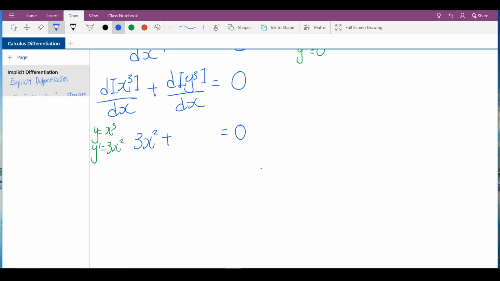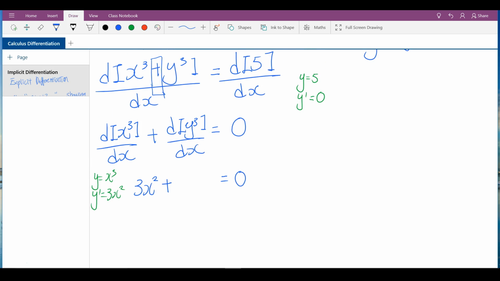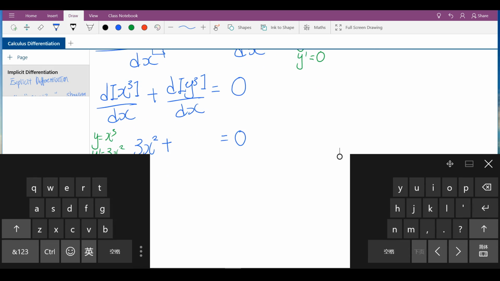We are differentiating y cubed with respect to x. There's no x in there, so we can't just do what we just did. And there's no constant in there, like the 5, because y is a variable, not a number. You can't just take the number away and put 0 there. It wouldn't make sense because y is a variable.